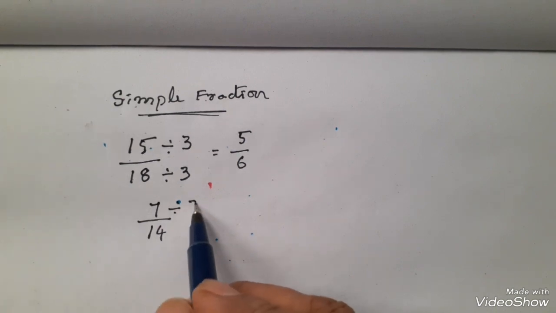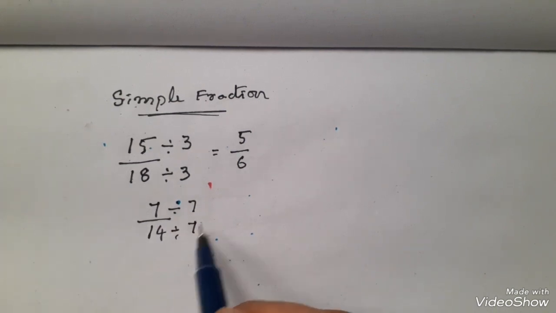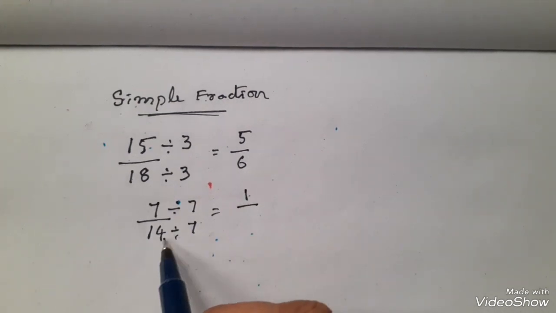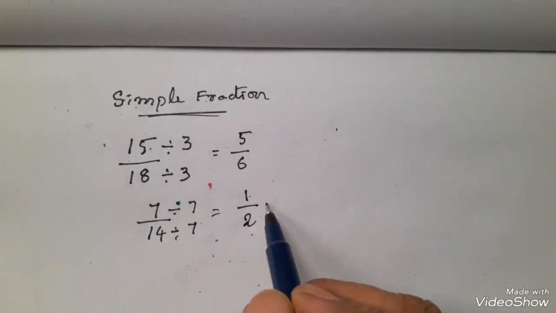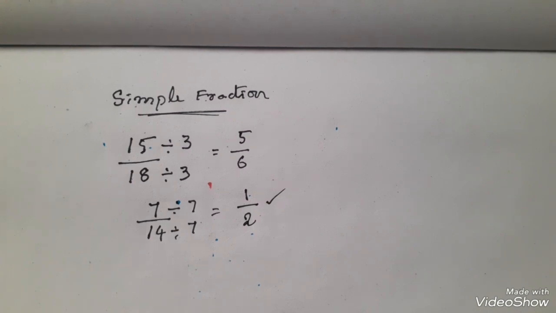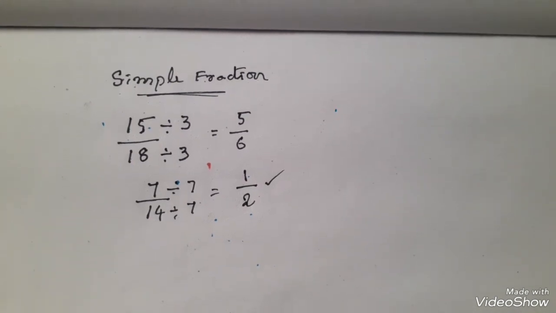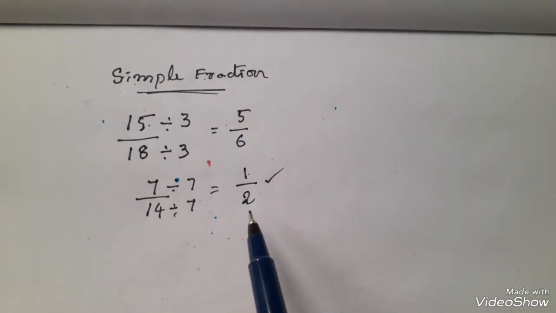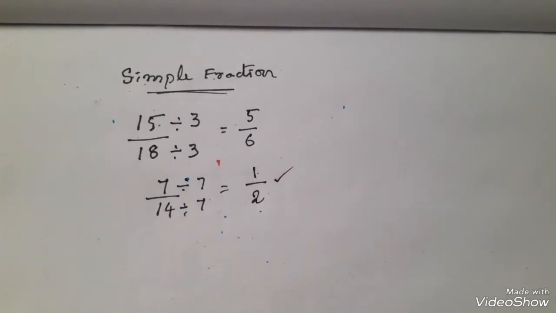You divide with 7, divide with 7. We get 7 divided by 7, 1. 14 divided by 7, 2. 1 by 2 is the simple fraction. So for both numerator and denominator, they have only 1 as the common factor. Such fractions are called simple fractions.